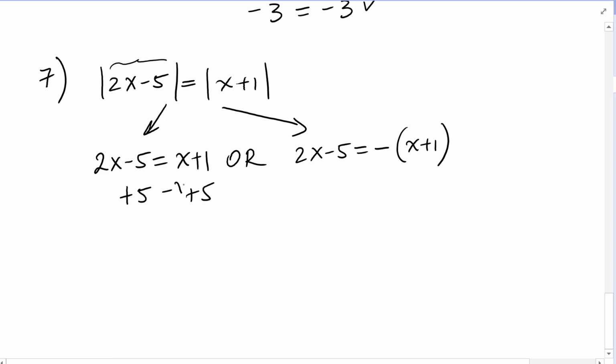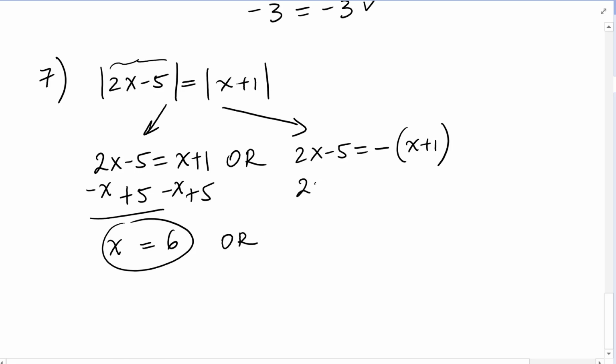So I'm going to subtract x and add 5. So it's going to give us x equals 6. So that's one solution. Or, and this one, I'm going to open the parentheses first. So this means negative 1 times x is negative x. Negative 1 times 1 is minus 1.